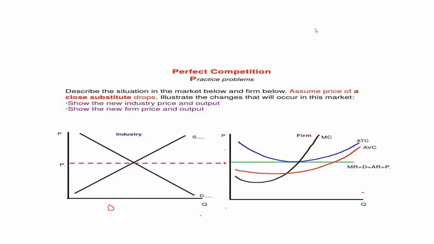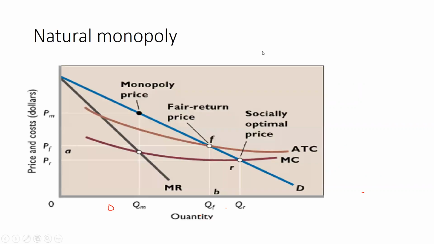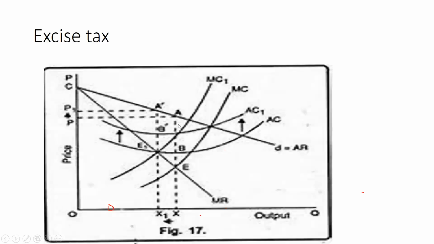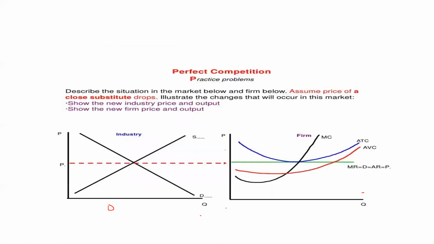Now, I'm going to flash back to this monopoly here for a second. In the monopoly, MC equals demand is socially optimal. We're producing at that C line, so we're not producing at socially optimal, okay? If I go back here, MC crosses ATC, we're not producing there either. So monopolies are not allocatively or productively efficient.